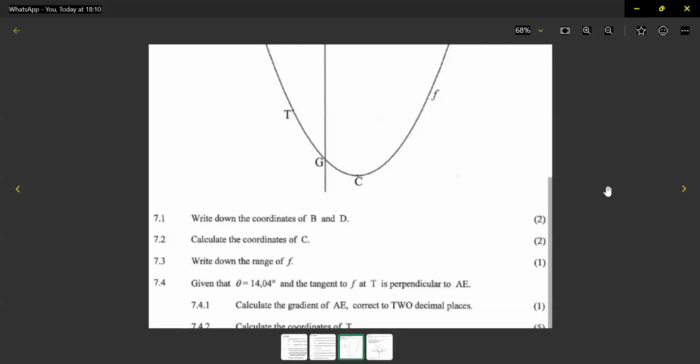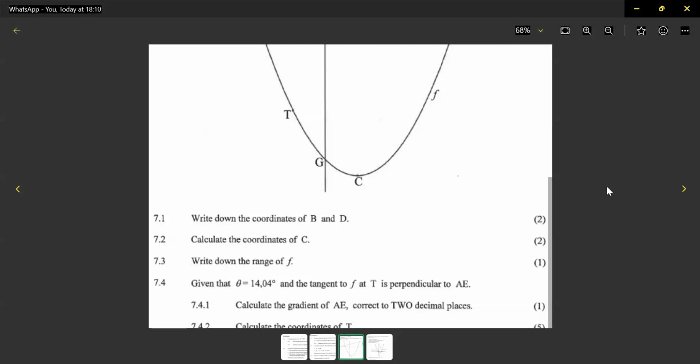And then if we go to 7.3, they're saying to us, please write down the range of the function f. And in order for you to state the range, it's only 1 mark. So you need to remember what your range is. It's where the function begins in terms of y values and where it ends, right?